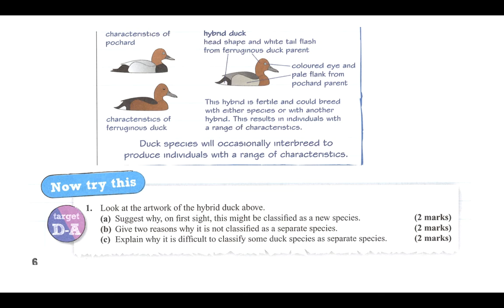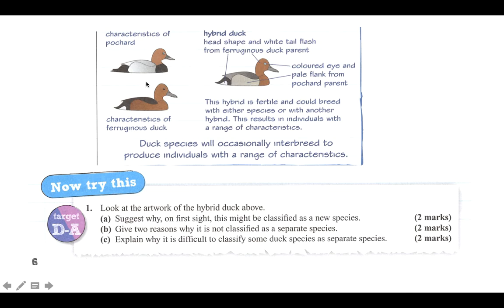Now, for one mark, you could have said it has lots of characteristics that are not exactly the same as either of these. So, for example, although it has a white tail flash from the ferruginous duck parent, its eye colour is the same as the pochard. So you can't put them in the same species.